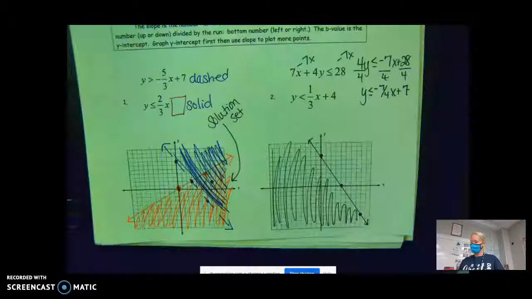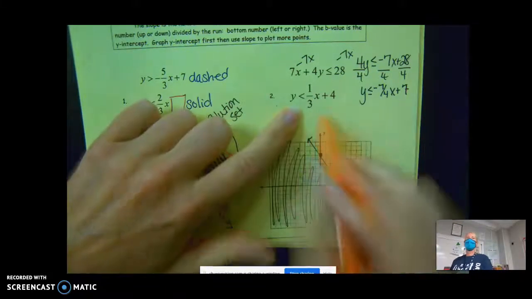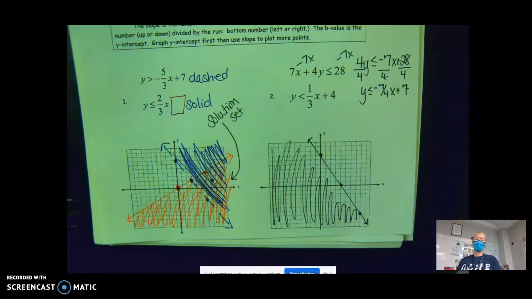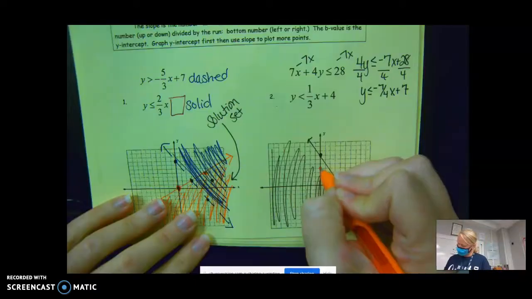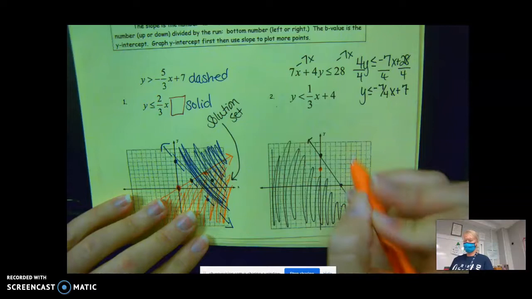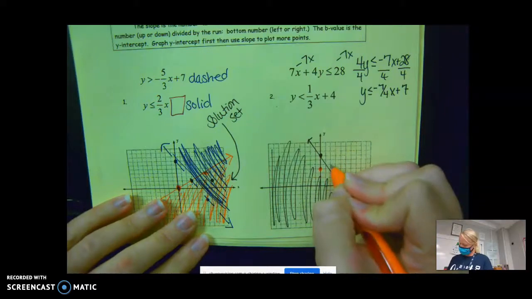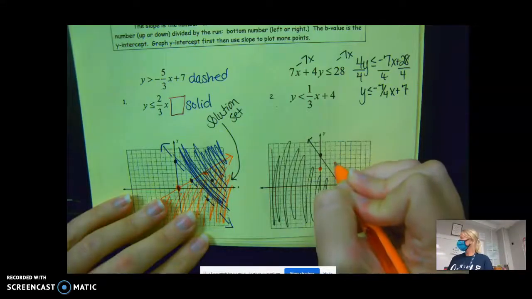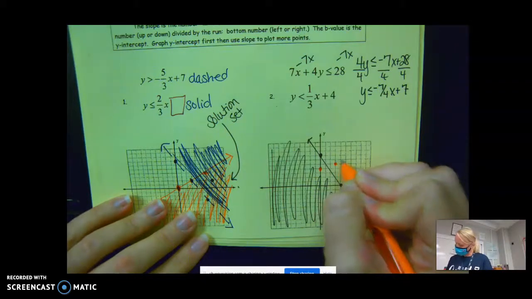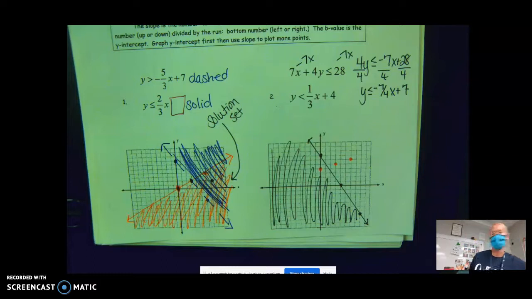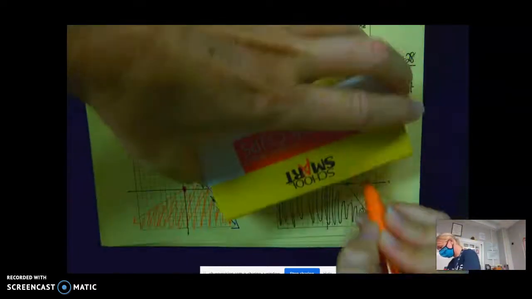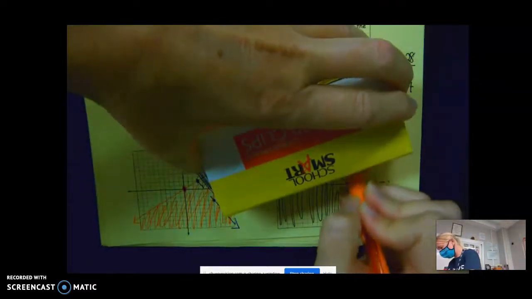All right. Let's graph this second one. What's my y-intercept? So 1, 2, 3, 4. My slope tells me to do what? Thank you. Solid or dashed line? Dashed. Thank you for reminding me.